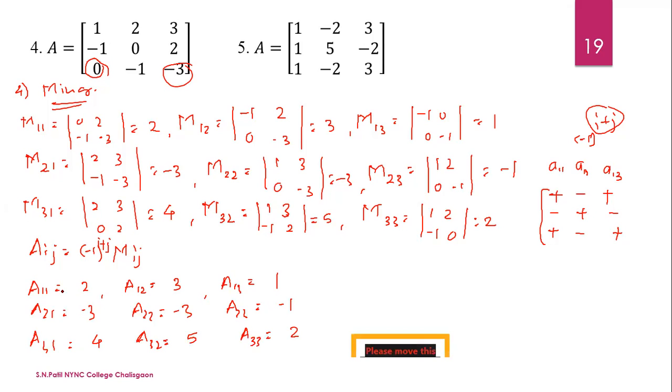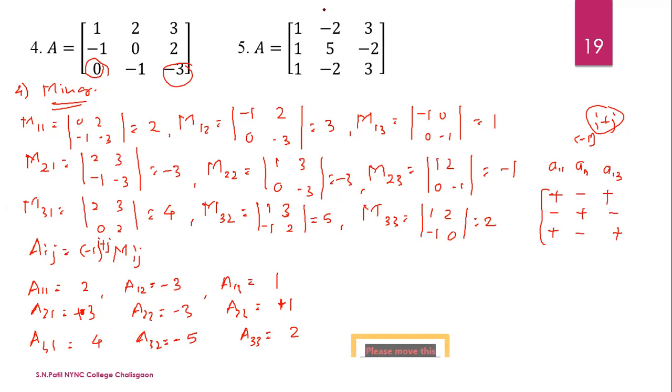Now this is the plus sign, keep this sign as it is. Now minus, minus, minus, plus, now here plus, here minus, so this is the required cofactor. These are the cofactors of the elements.